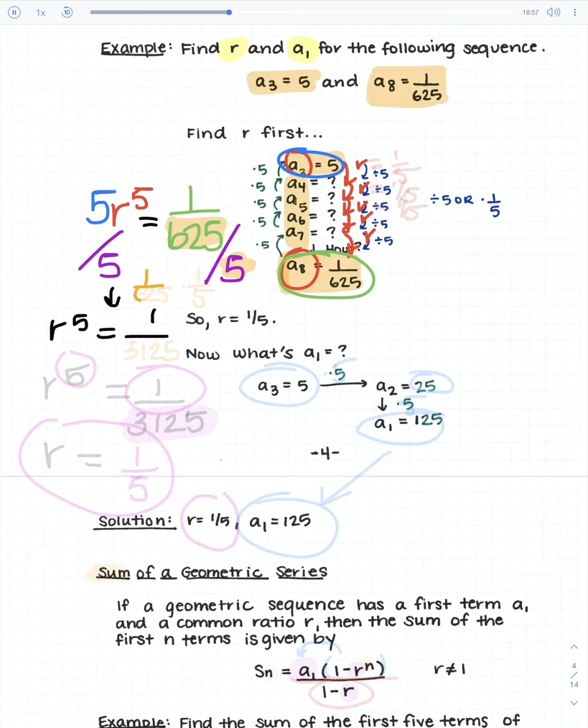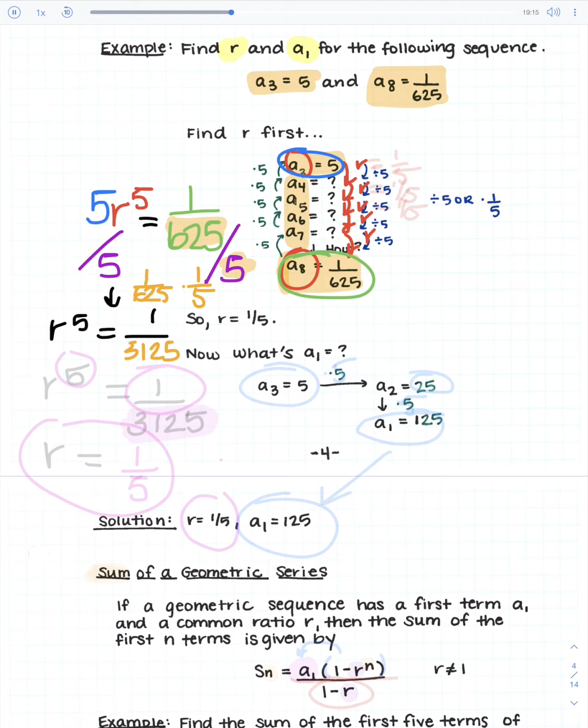So you'd have 1 over 625 times 1/5, its reciprocal, which gives us 1 over 3,125.